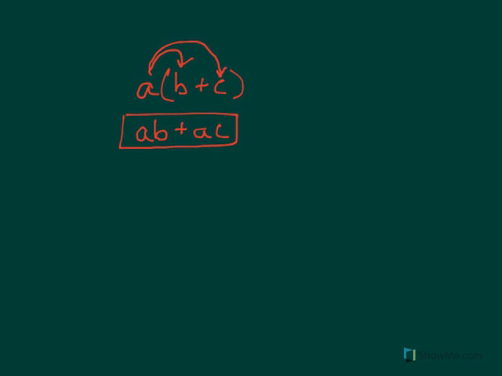Double distribution, you just have two terms, so let's say a plus b, multiplied by two other terms, c plus d. And the a needs to be distributed in to both terms in the other parentheses. So that's going to get you ac. And then the a would have to distribute to the d. So that's going to get you ad. And then the b would have to distribute in.